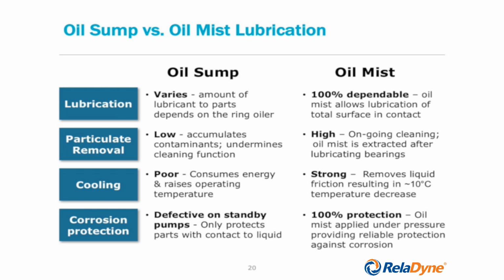In other cases, we actually allow the lubricant to go to the center of the lowermost rolling element or bearing rolling element. In contrast, with oil mist, lubrication takes place in a highly dependable manner because oil mist allows the lubricating of the total surface in contact, not just the surfaces that are in contact with the lubricant level at the bottom of a bearing.